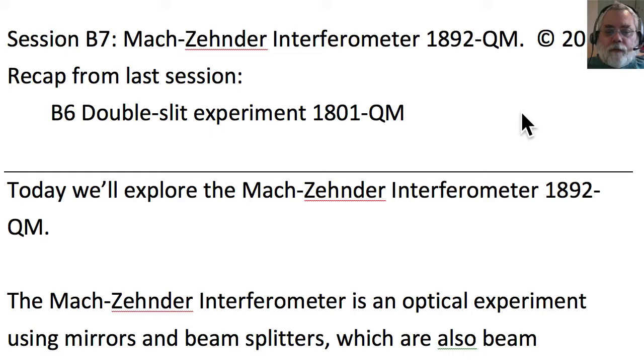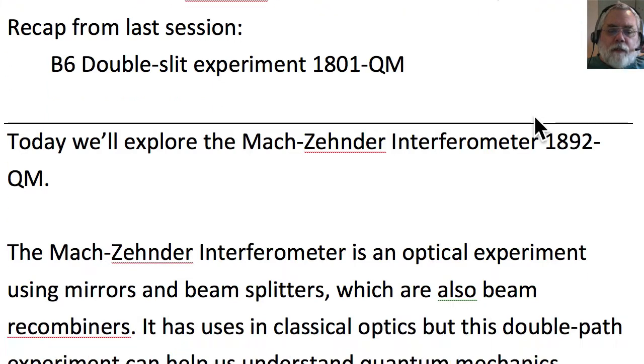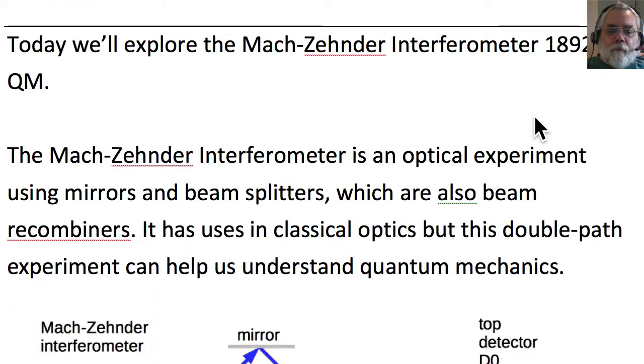Today we'll talk about the Mach-Zehnder Interferometer. It's a related optical effect with a different kind of setup. The Mach-Zehnder Interferometer is an optical experiment using mirrors and beam splitters, which are also beam recombiners.